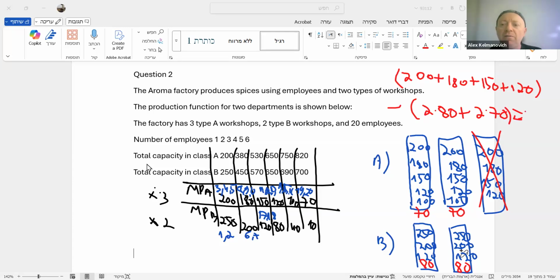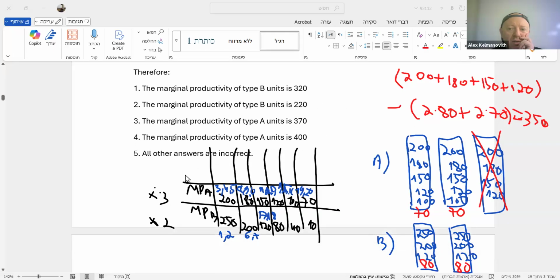Okay, so we have 350 units. Okay? So this is type A, marginal product of type A workshop. And we don't have such an answer here. Okay, so we must also check the workshop B.